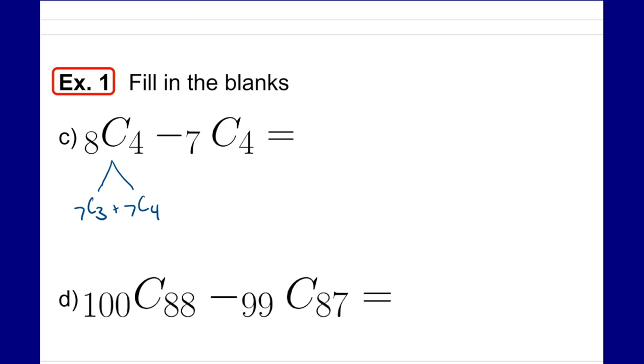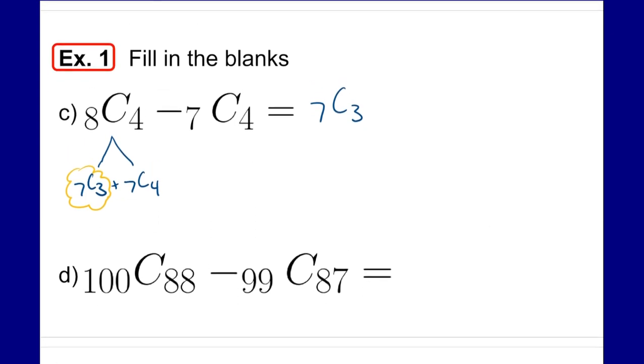So if I subtract 7 choose 4, the only thing left is 7 choose 3. 8 choose 4 minus 7 choose 4 would leave us with 7 choose 3. Again, just working out with the notation.